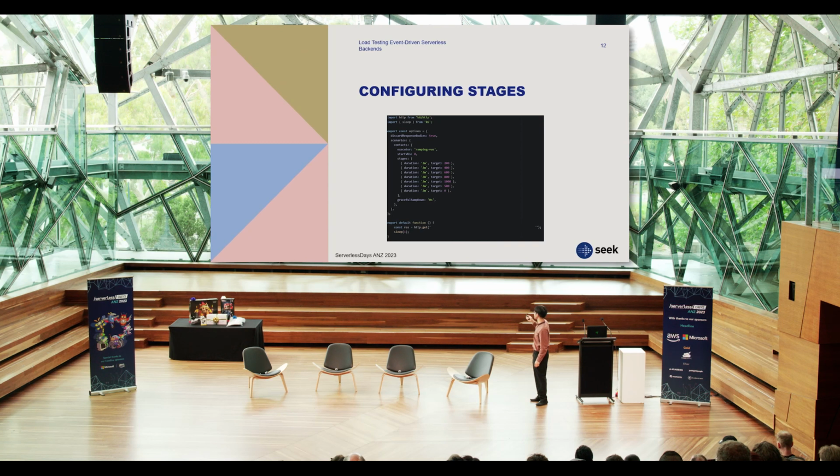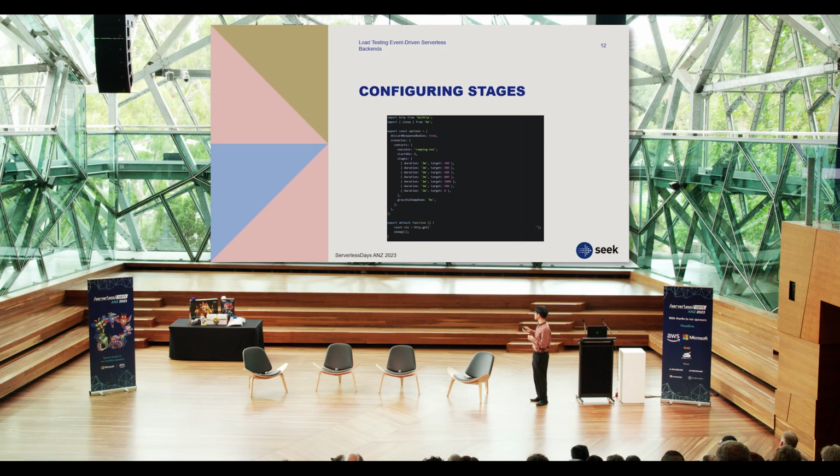In K6's terminology, this is referred to as ramping VUs. We can author it this way to ensure that it is going to scale according to plan. This also helps us with planning for the thresholds and the SLOs that we have.